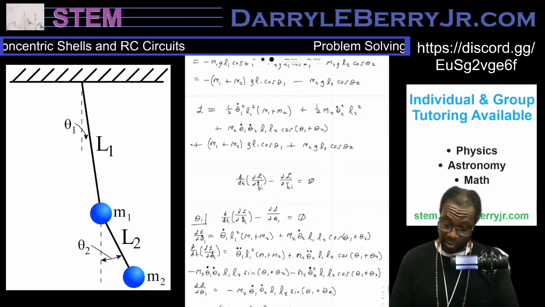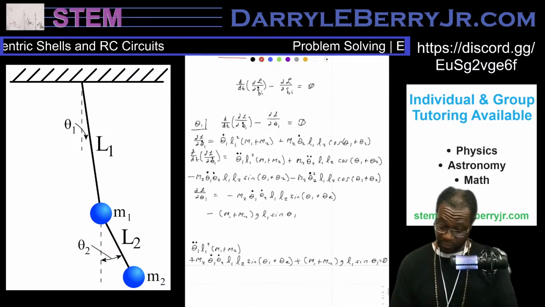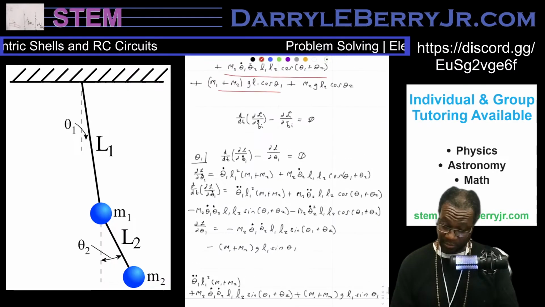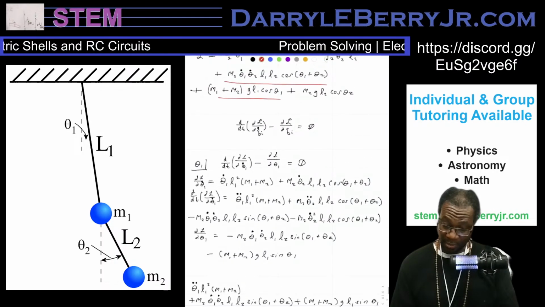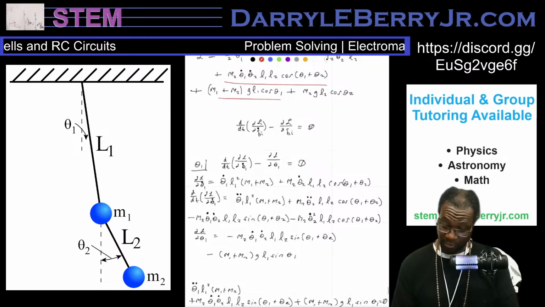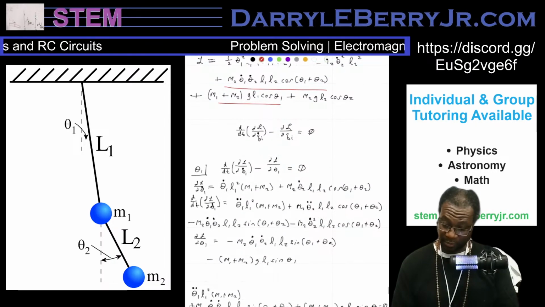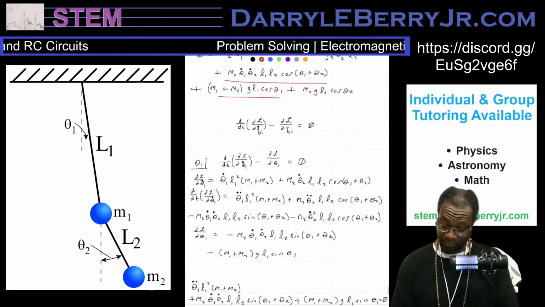Then we have the partial of theta 1. These two, so maybe I dropped off a term here. Let's see. We have negative M2 theta 1 dot theta 2 dot L1 L2 sine theta. And the derivative of that is just 1. And then we have minus (M1 plus M2) g L sine theta 1.